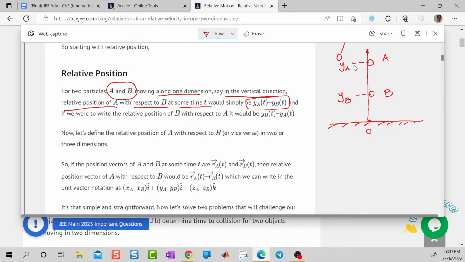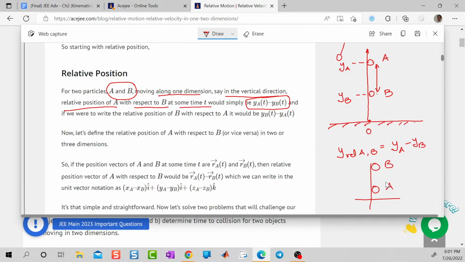Then the relative position, y relative of A with respect to B, is equal to YA minus YB. That means this is the position that B sees, which makes sense, no? B says, oh, actually A is only this far above me. Correct, no? By the way, if their positions were reversed, so let's say this is B, this is A, then what will B say?